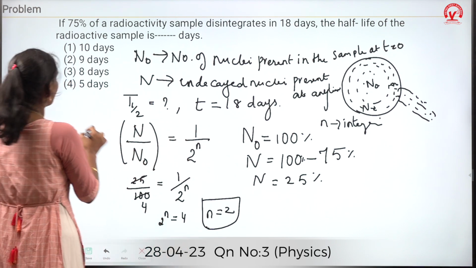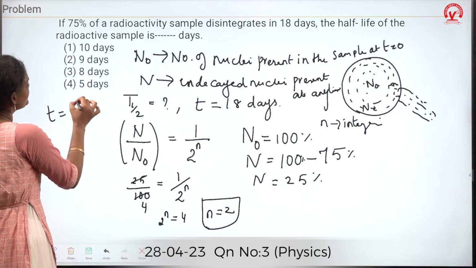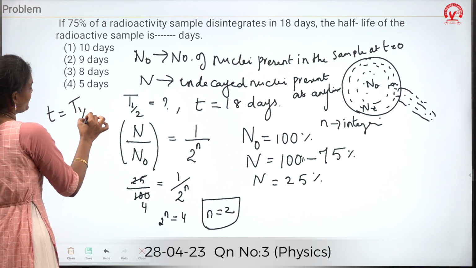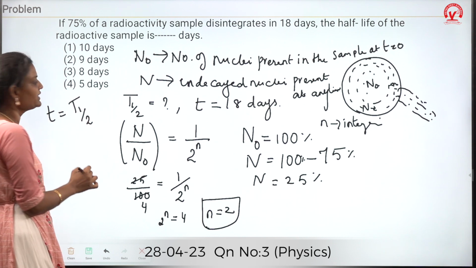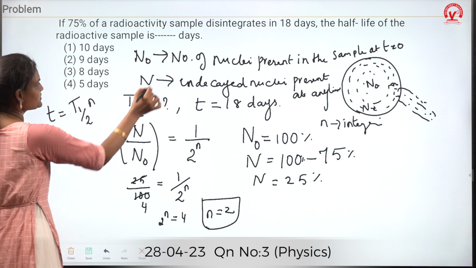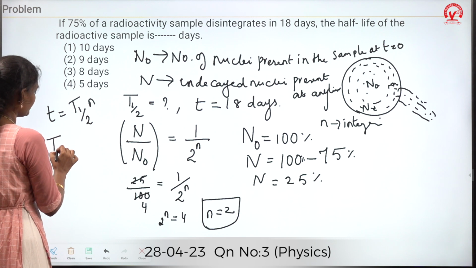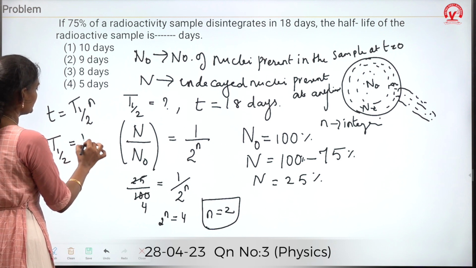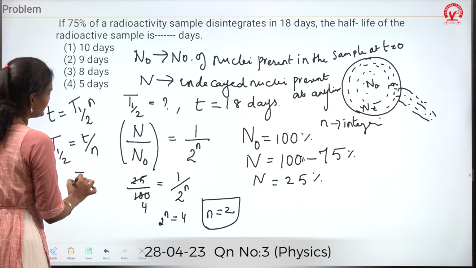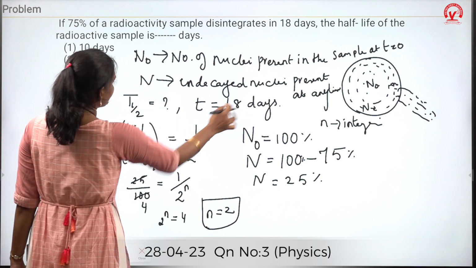Now the formula: T is equal to T 1/2 into n. Our aim is to calculate the half-life. T 1/2 is equal to T divided by n. They gave the value of T as 18 days.